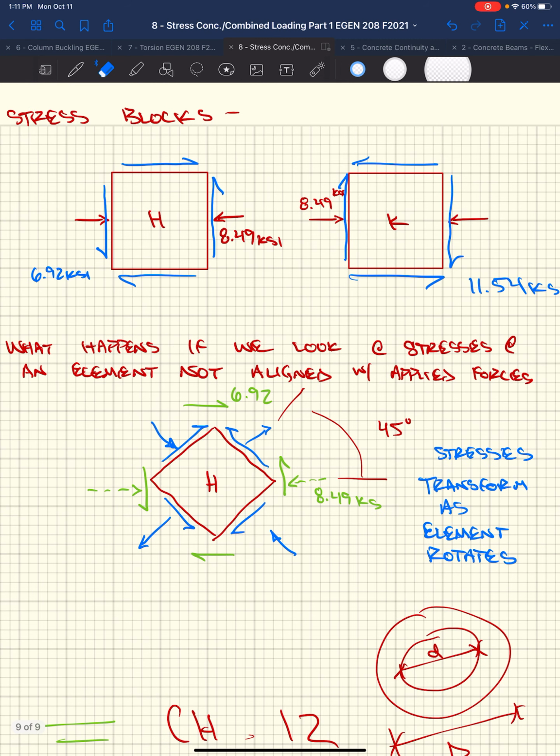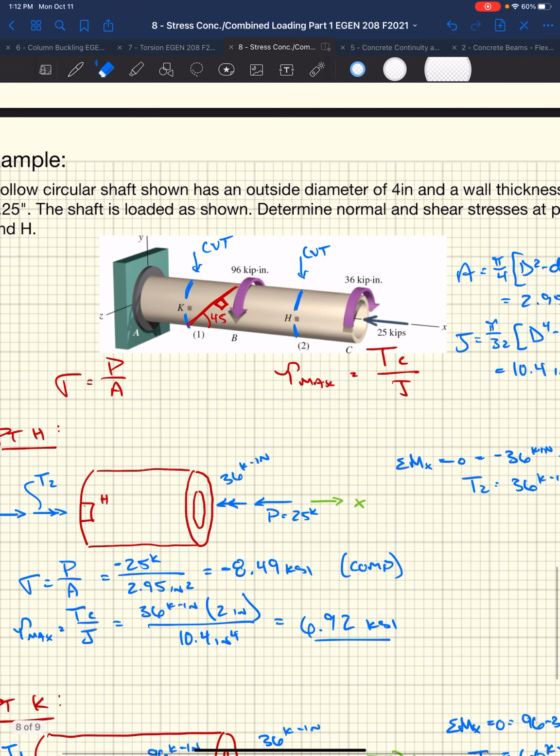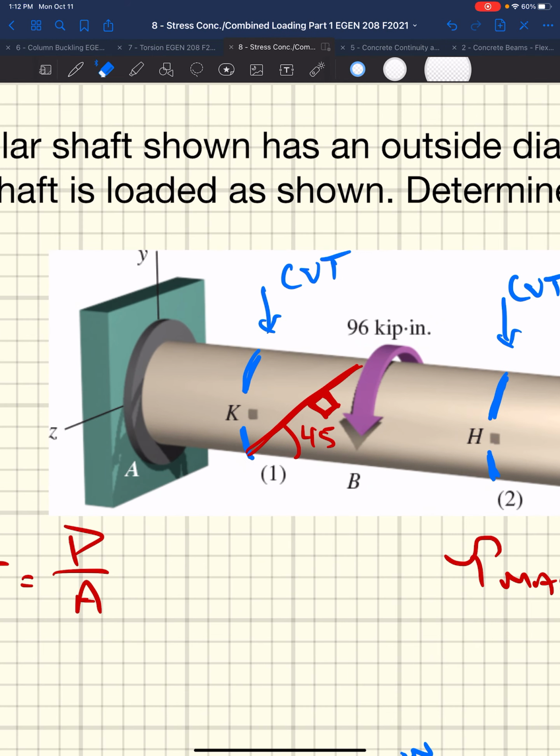Well, when we have combined loading, right, we're getting outside of this simplified world of just having axial load, just having torsion, right? We're going to have torsion and axial. So now when we cut it perpendicular, we have these combined forces happening at the exact same time. Well, what that does is, if we were to look at a stress state at a given angle, so if we took this block, we rotated it, or we decided to, say, cut this shaft at a 45, right?